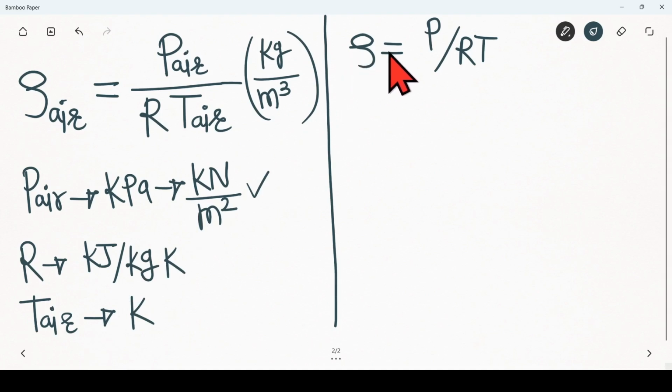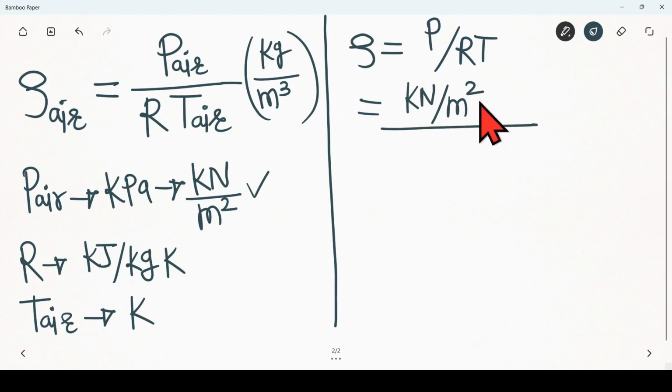So rho is equal to P divided by RT. So here P is nothing but kilonewton per meter square divided by R. R is in kilojoule per kg Kelvin multiplied by temperature, that is in Kelvin.